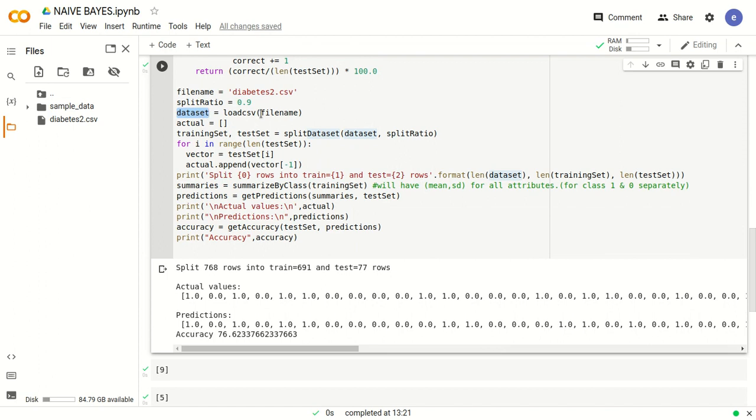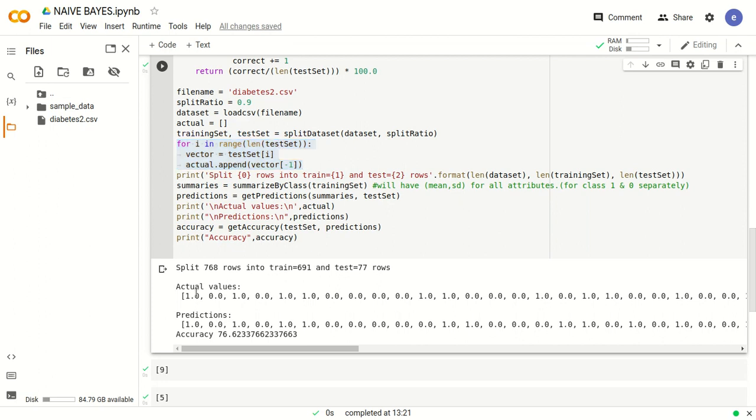And for the data set, we are just calling the load CSV function on this file name, and we will come to know why this actual list is required. We will see that later, and then we create the testing and training data sets by calling this function split data set. All this is already understood, and then for the sake of comparison, we create this empty list called actual, and we go through the entire testing data set and store the last column value.